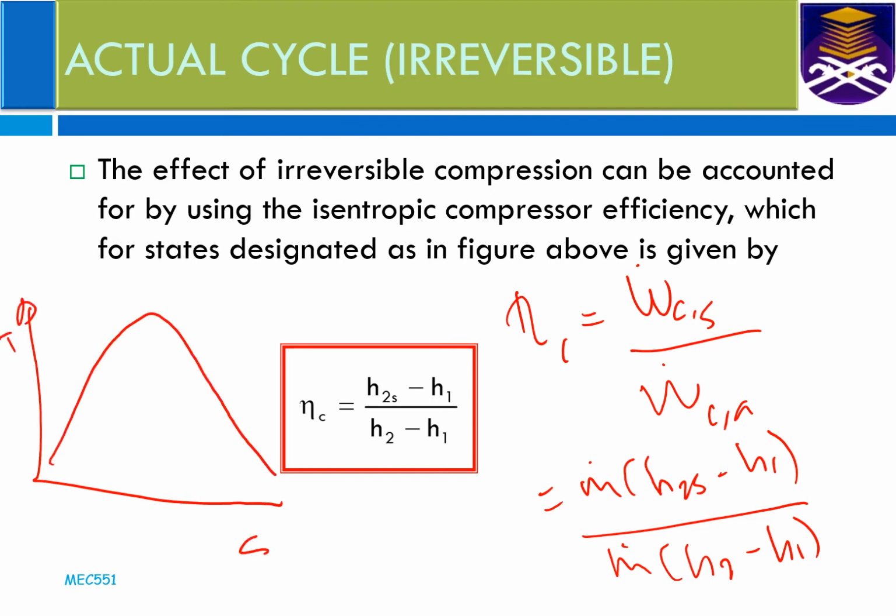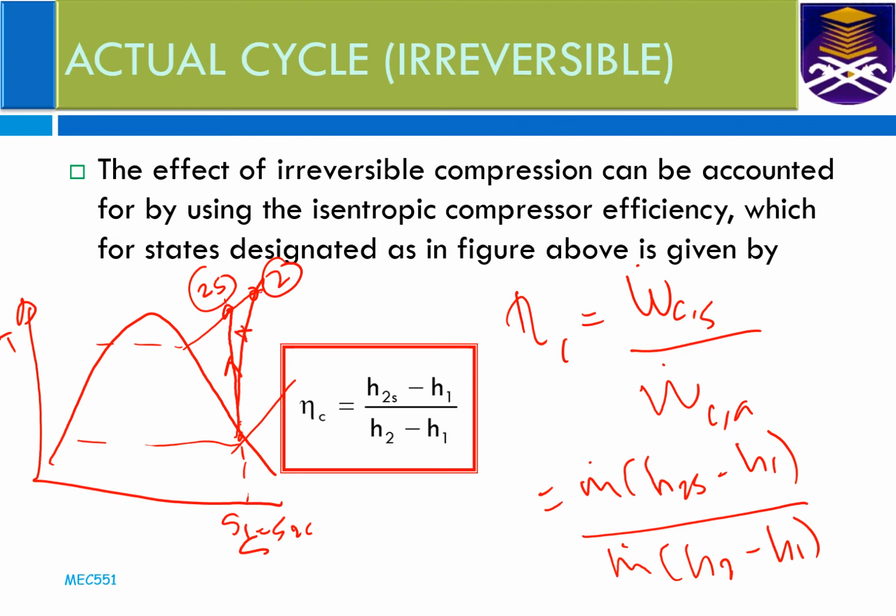On the temperature entropy diagram, let's say from 1 to 2, S1 equals S2S. So this is 2S, then this is the actual state 2.